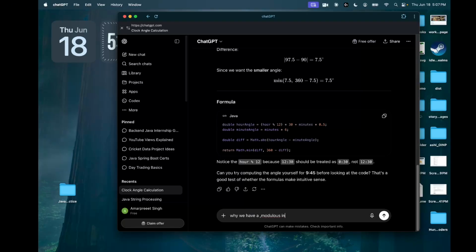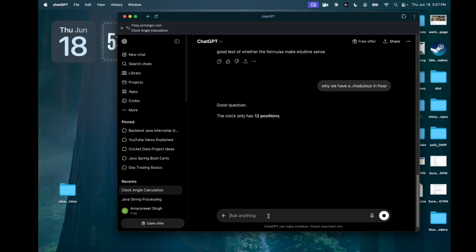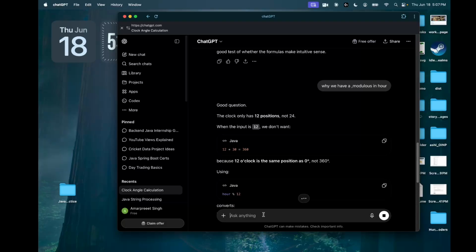Modulus. Okay, the clock positions are not 24, so when the input is 12 we don't want 12, because the clock at 12 is the same position as 0.